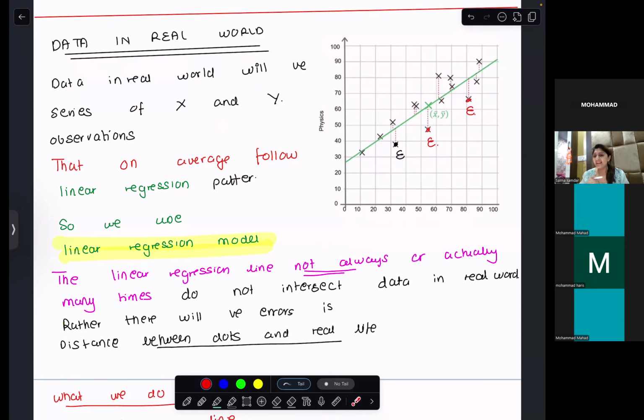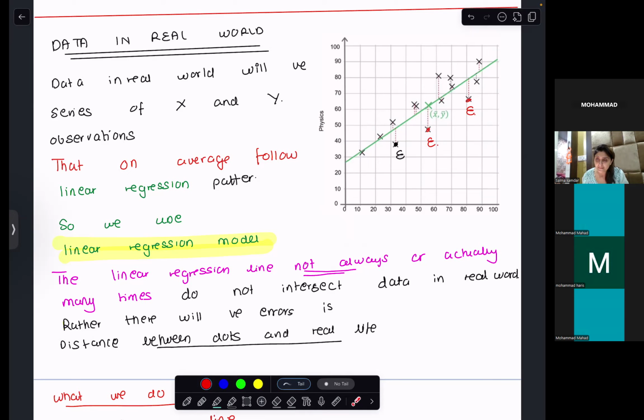So, when I make the line of best fit, it is called the linear regression model. This line of best fit may sometimes intersect my data in the real world, and sometimes it might not intersect the data in the real world.